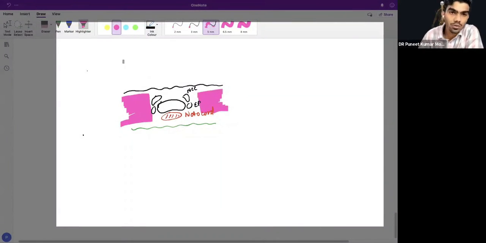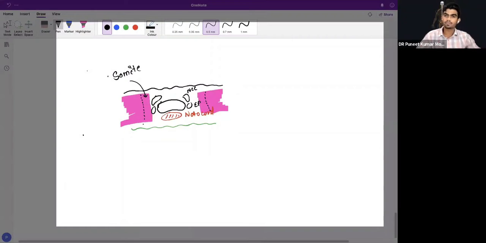Okay. Now look, the part of the mesoderm which lies just lateral to the neural tube, or future brain and spinal cord, develops into the somite, which further develops into the mesenchyme.